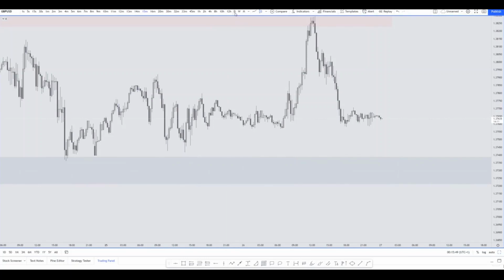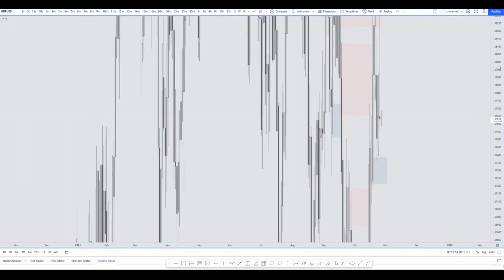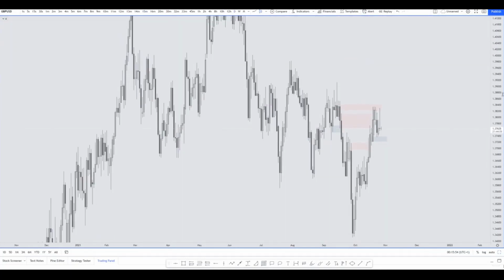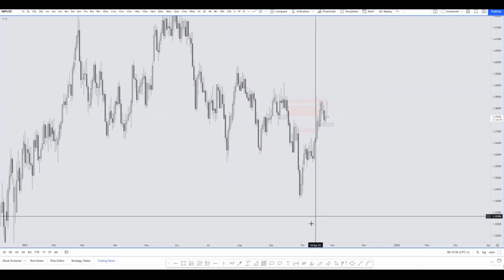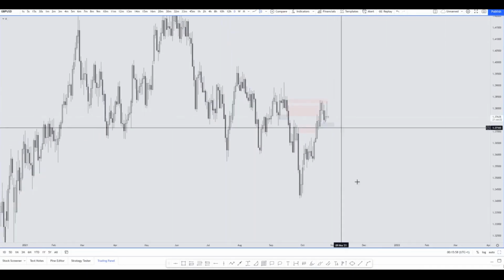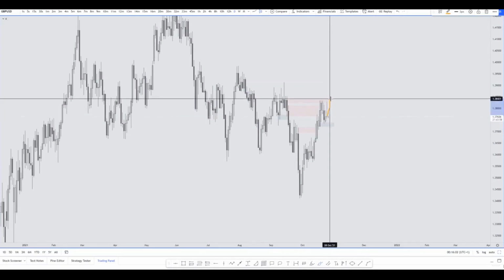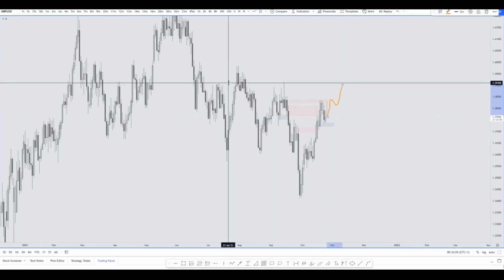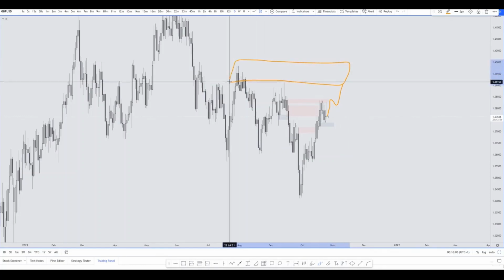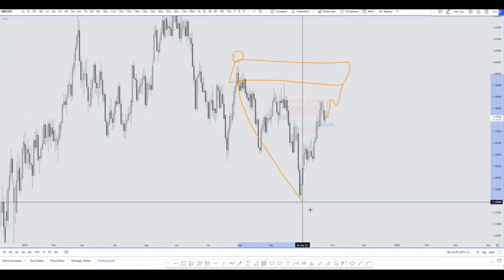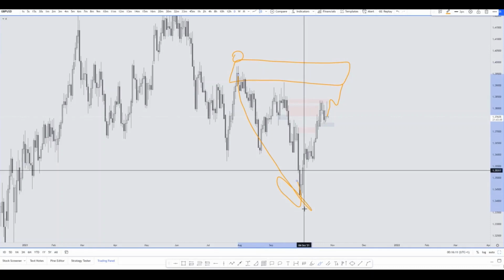On the higher time frame, this particular pair right now is bearish. So my expectation is that even if the 4-hour trend does continue the bullishness, it's likely gonna stop and not take this high, because that's your last swing high that put in this low.